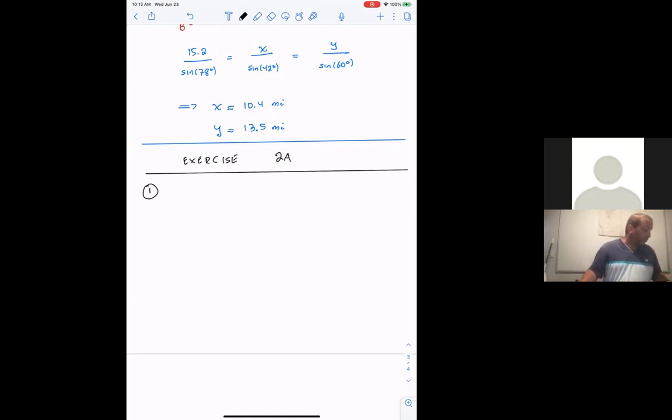Okay, question 1. Find the unknown angle for each triangle ABC and give your answers correct to 3 significant figures. So we have a triangle. We're not told that it's a right triangle, so we don't assume it's a right triangle. Vertex A on top, vertex B bottom left, vertex C bottom right, side a opposite vertex A, side b opposite vertex B, and side c opposite vertex C. Okay, and so we're going to use the same picture for all 3 of these.